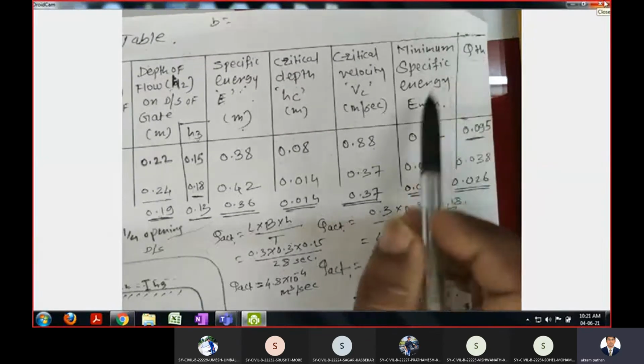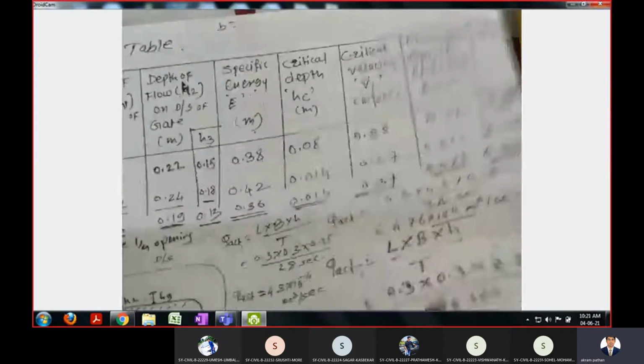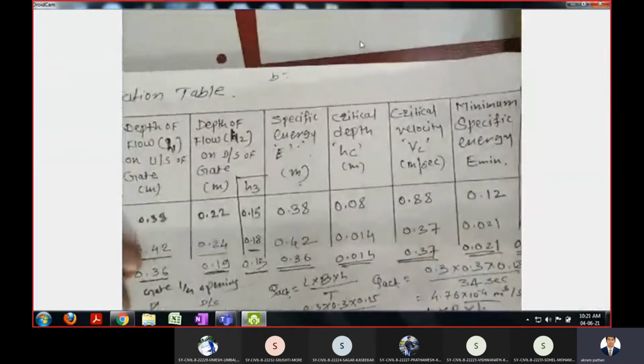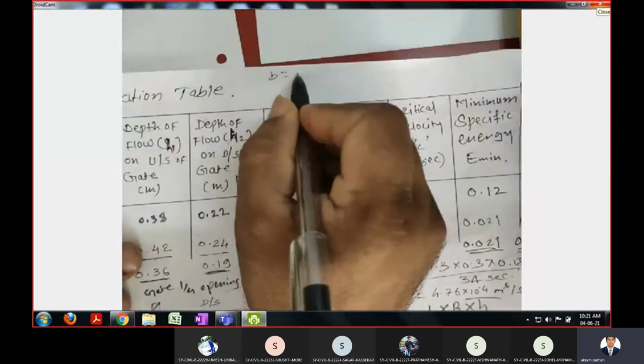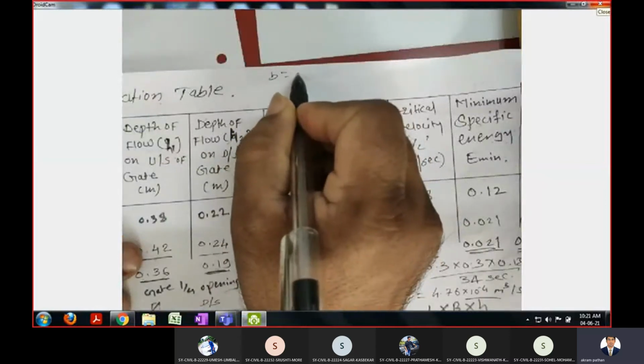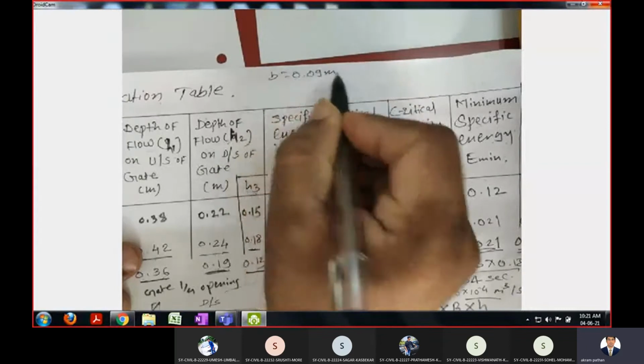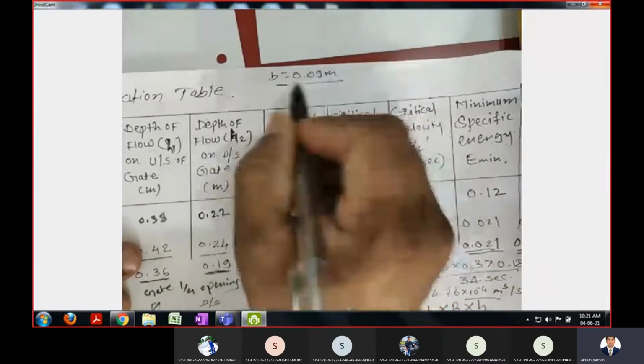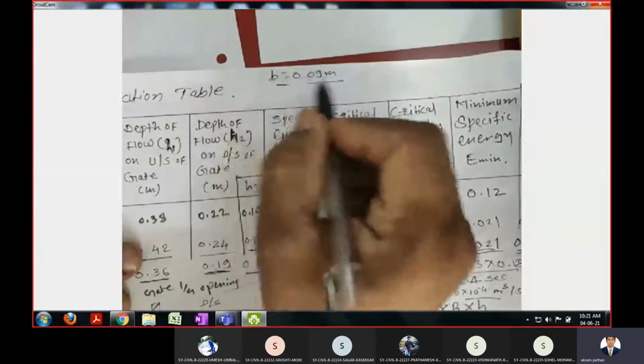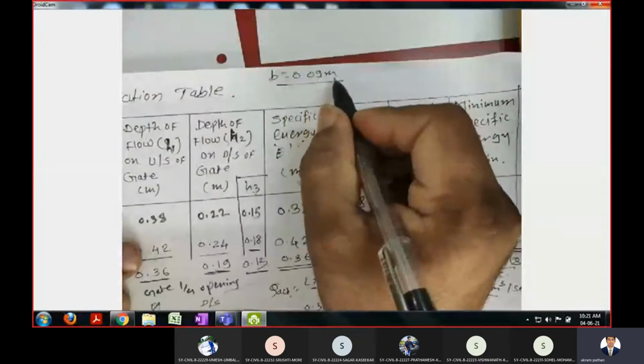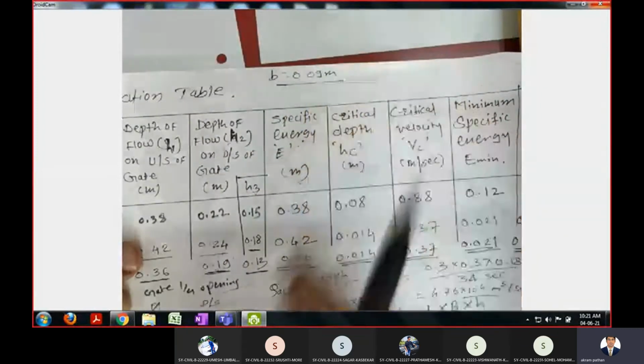One observation we require to conduct the practical is the width of the channel. In our practical layout, we have 0.09 meter as the width of the channel. So we take B as 0.09, that is 9 centimeter, the width of the channel.